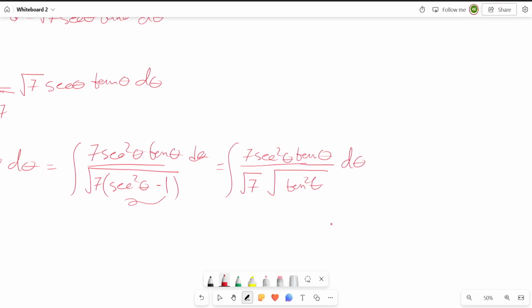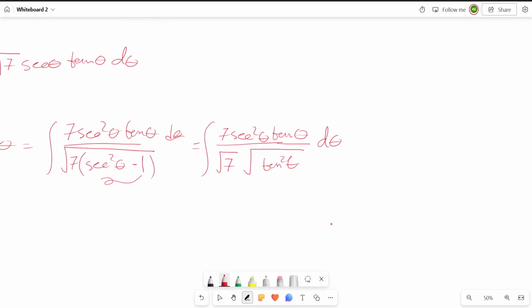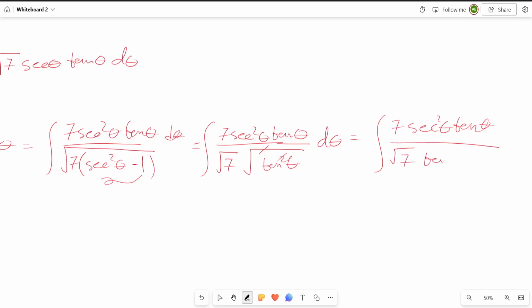Let's do the simplification, because the harder part is not only remembering the substitution, this is the easy part. The hardest part of this is doing simplification and doing integration of trigonometric functions. So, first of all, the square and the square root cancel. So I'll have 7 secant squared theta tan theta over root 7 tan theta.